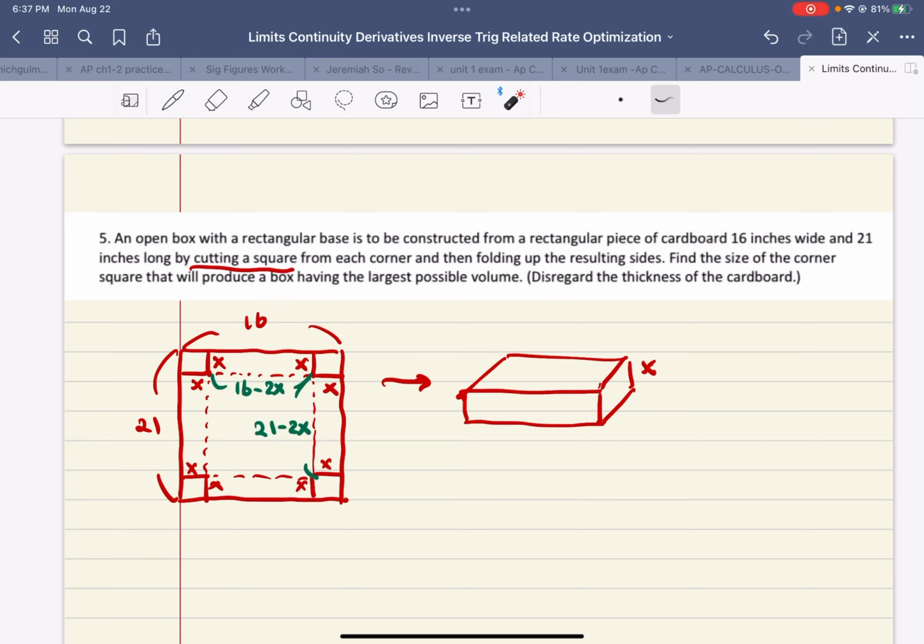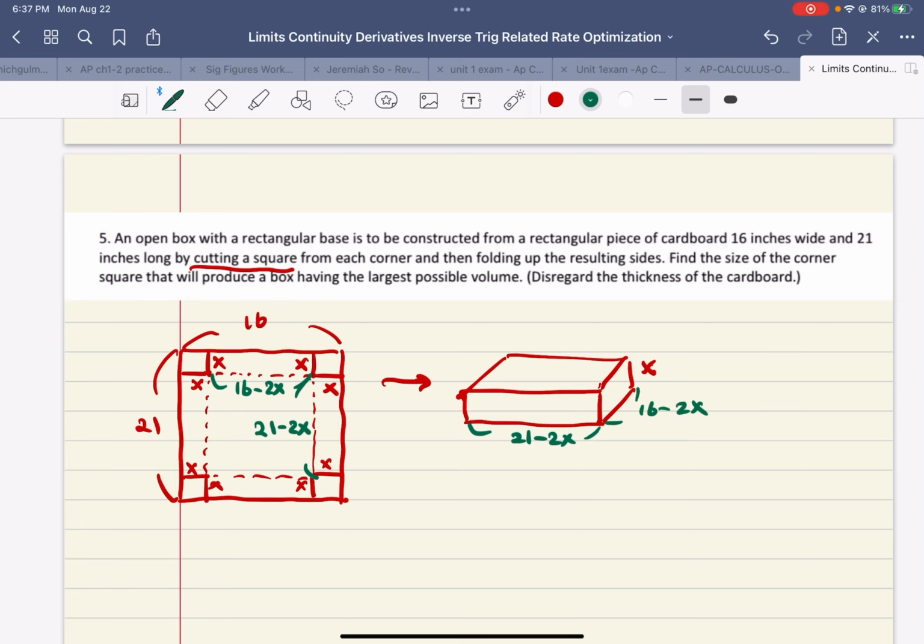The reason is that this side is 16 and you subtract x and x, so from here to here is 16 minus 2x. Similarly, this is 21 and you subtract x and x, so this one is 21 minus 2x.